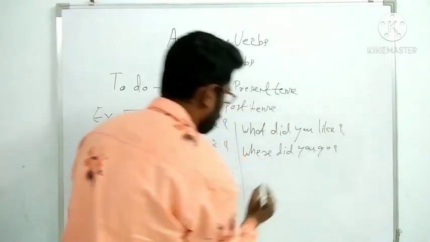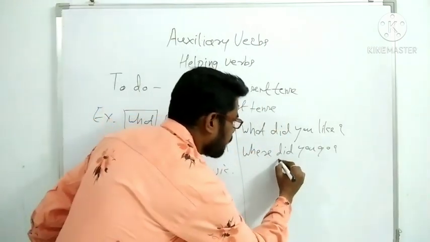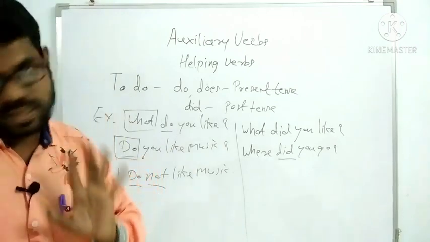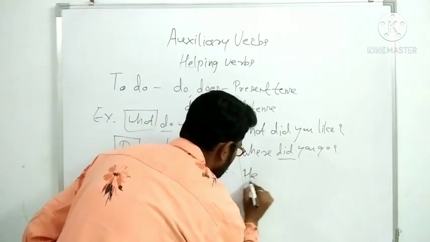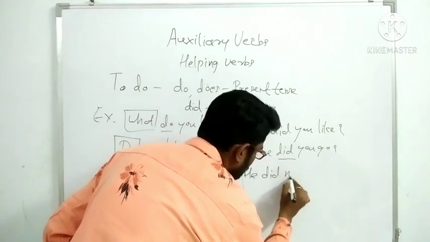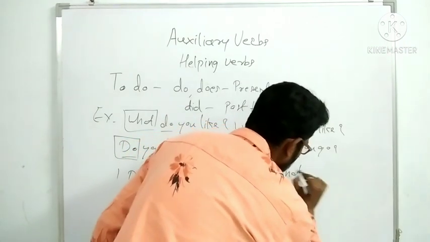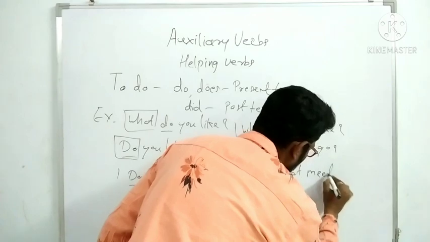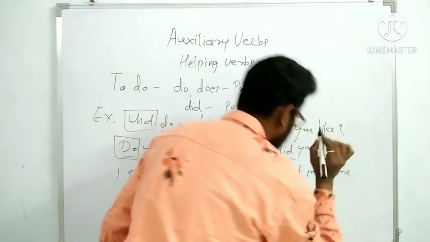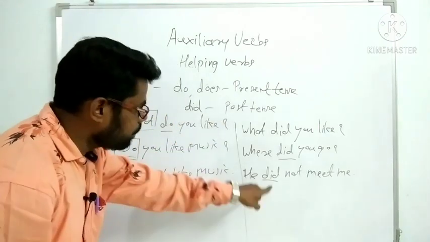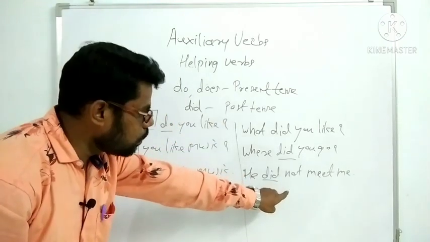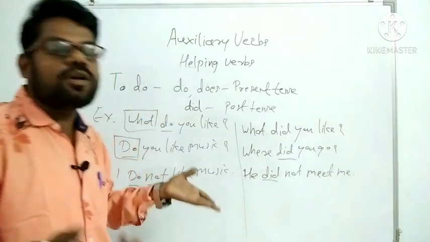See again a WH question. Did indicates past tense. Okay, negative sentence, he did not meet me. See the did, subject, that negative word not, and that V1: he did not meet me.